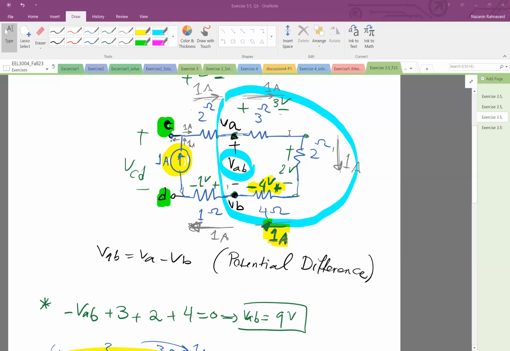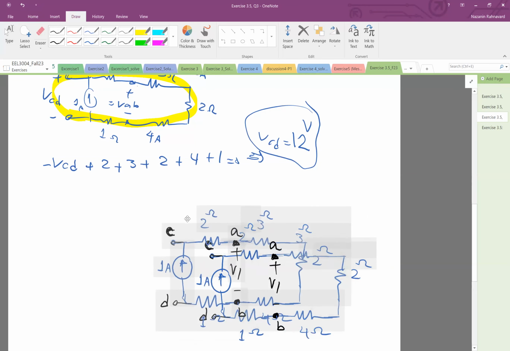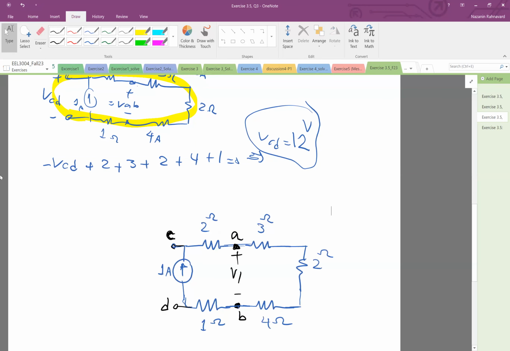Because this circuit somehow got very crowded, let's copy paste it again here. Part C says I connect a resistor of R equal to 12 ohm, and you would like to find, let's call this I1. What is I1?